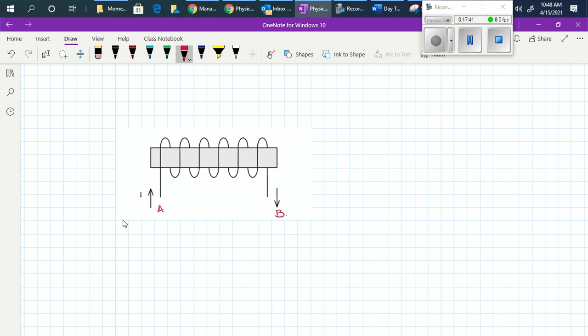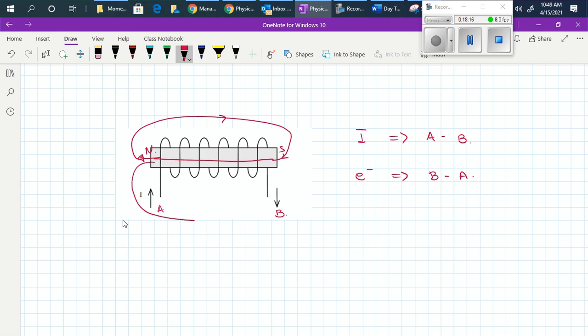So if the intensity of the current is from A to B, then the direction of the electrons is from B to A. So now we have from B to A, and this will be the north because the thumb is telling us that it is headed west. Therefore, this will be the south, and we'll continue on.